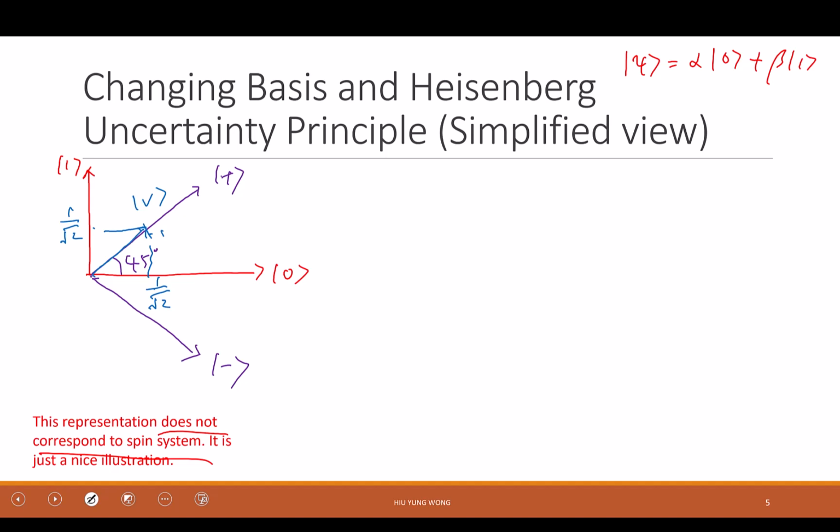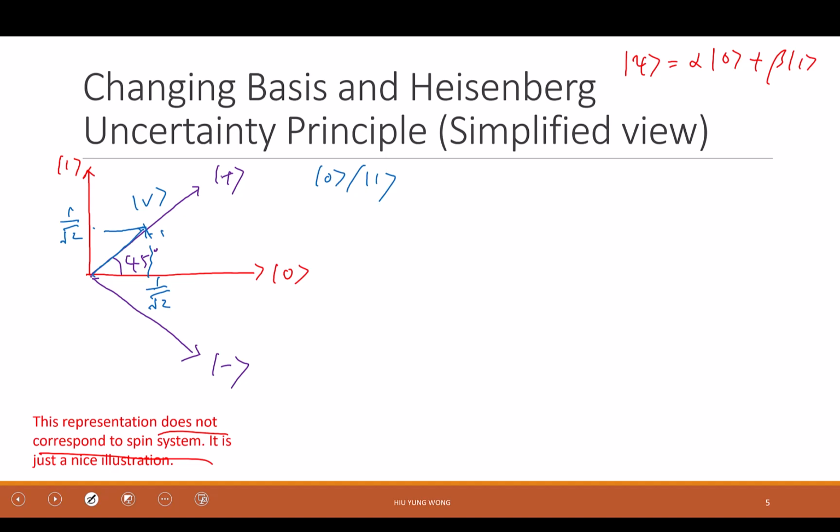Now, you don't need to think about qubit. If I use the 0 and 1 basis, now you need to get used to this notation. When I say 0, 1 basis, I mean the basis with the basis vectors 0 and 1. That's it. And in this 2D plane, it's just talking about these two red lines as the coordinates.